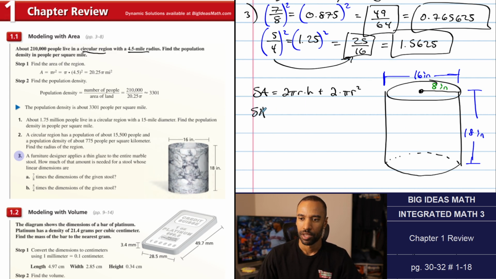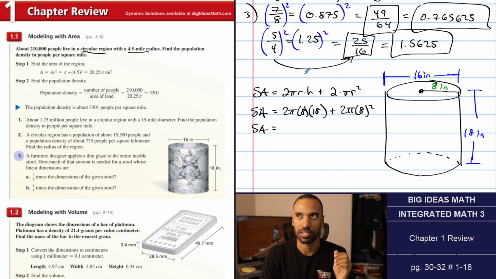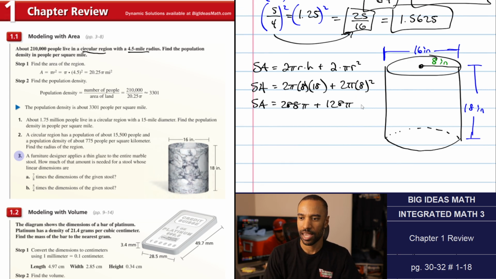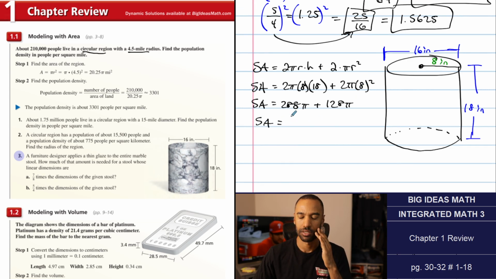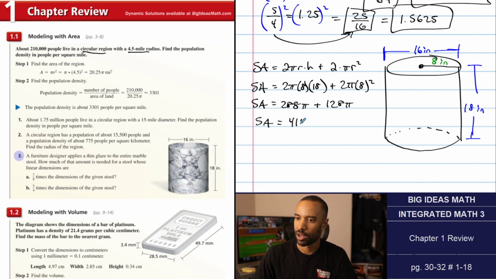So we have a radius of 8, 2 pi times 8, the height is 18. 16 times 18 would be 288, so 288 pi, plus 2 pi times 8 squared, which is 128 pi. 288 pi plus 128 pi is 416 pi square inches.